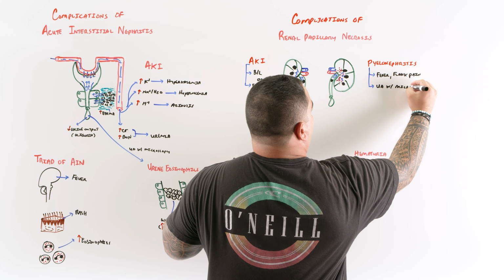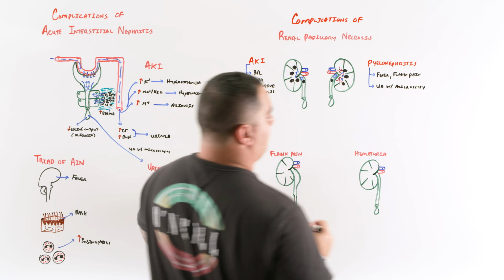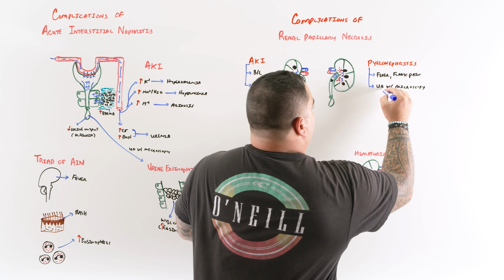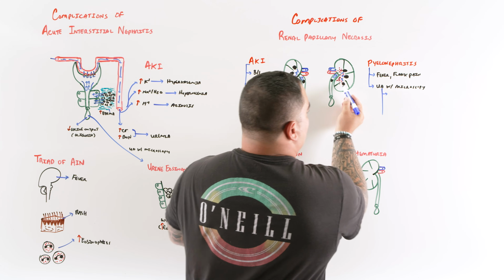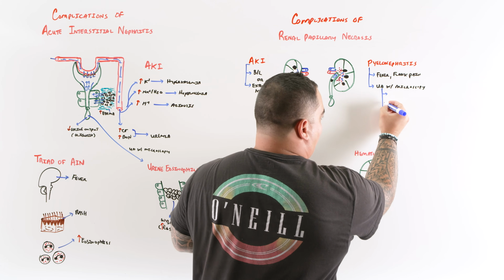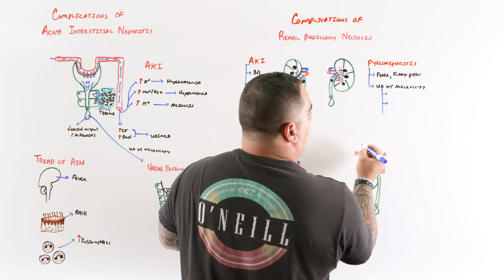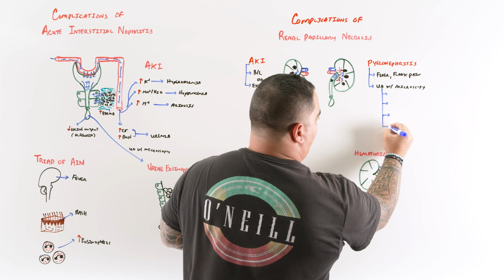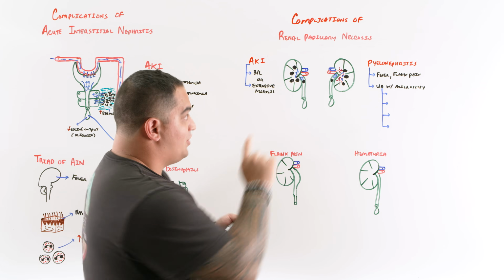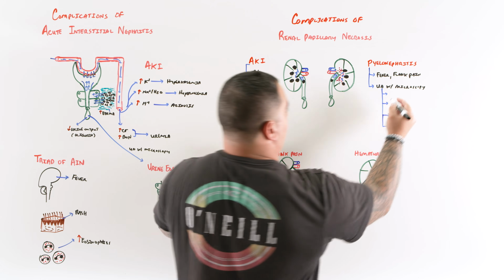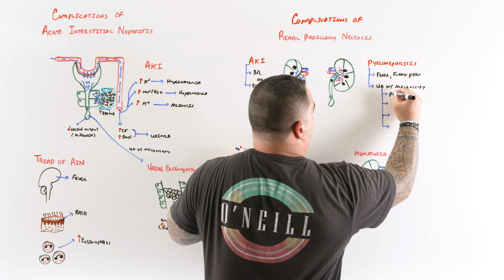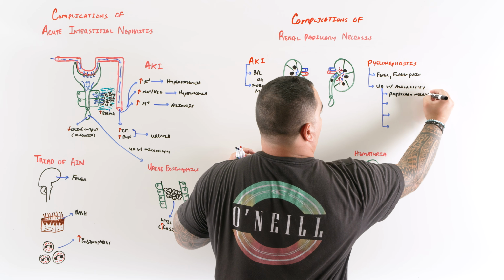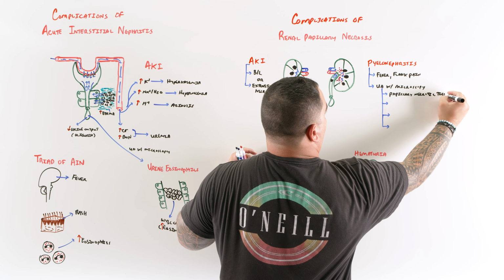One of the big things that helps out here is you see a couple different things. One is that they'll have sloughed off papillary tissue. They'll have a lot of white blood cells. They'll have leukocyte esterase and nitrites, and they'll have bacteria. So when you look for a patient with pyelonephritis, look for papillary necrotic tissue.